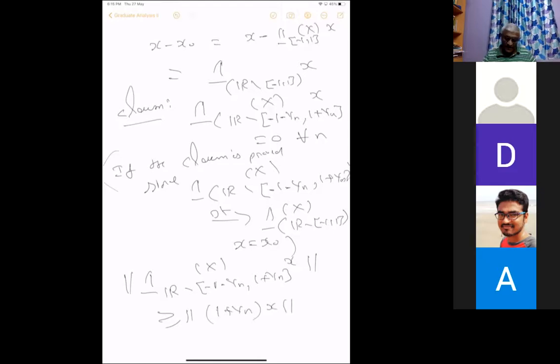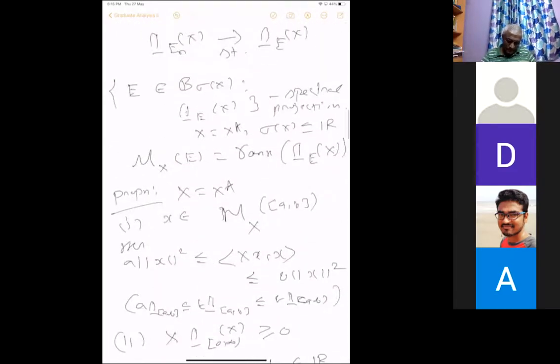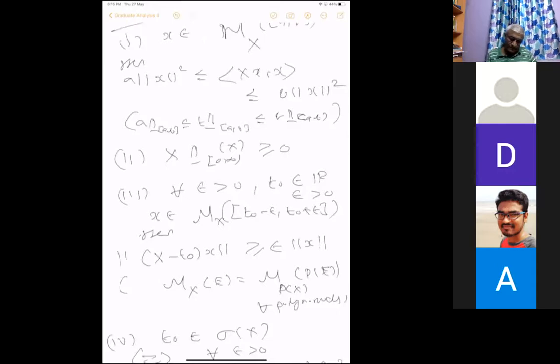This is the third statement which you have used several times. So it's here, the third step. Right? Take T0 equals 0 and epsilon equal to 1 plus 1 by n. We are applying to minus 1 by n, 1 plus 1 by n for that.